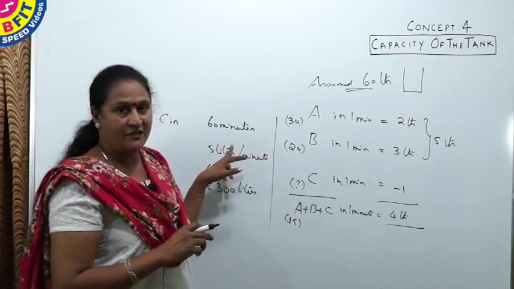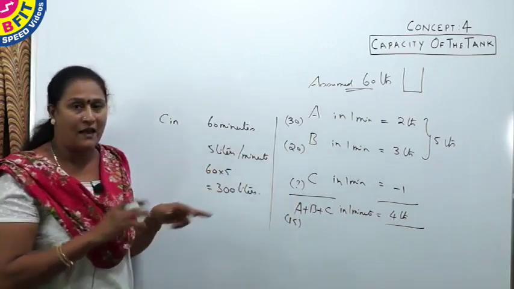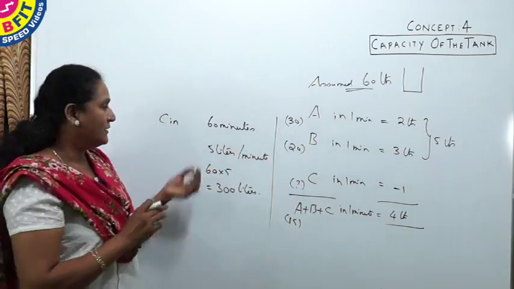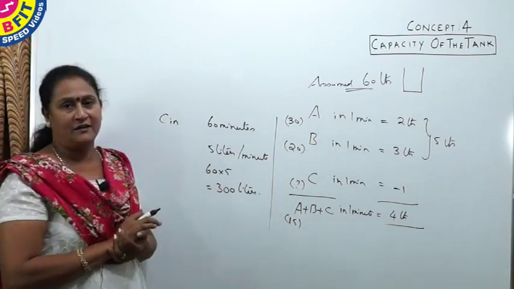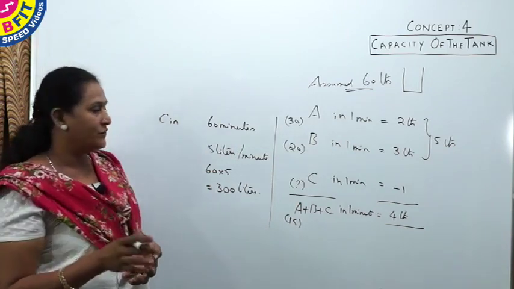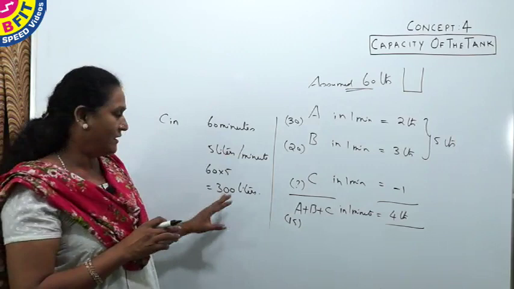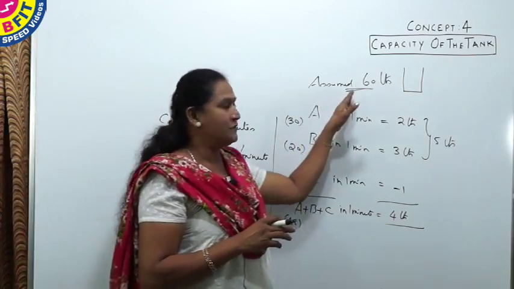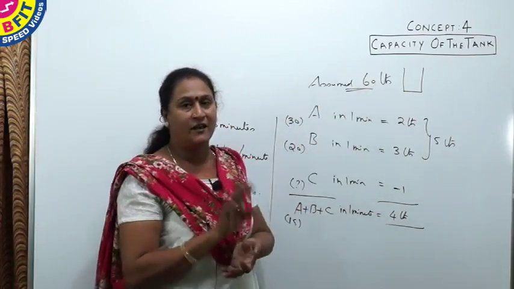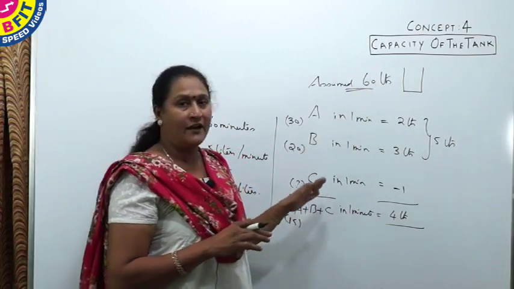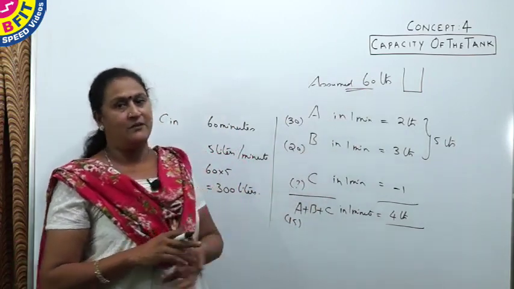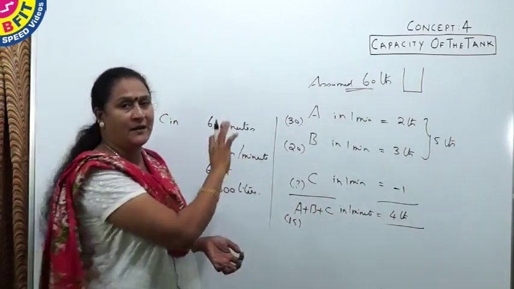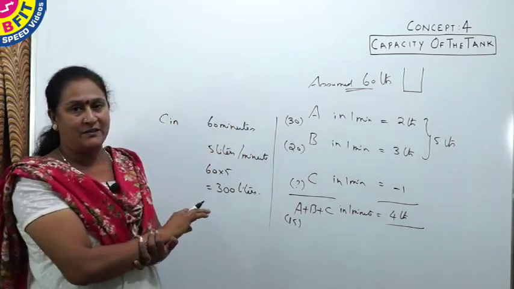So finding the efficiency of C, we have found the actual capacity of the tank, that is 60 into 5, 300 liters. So please don't get confused. The actual capacity is 300 liters, and this assumed capacity is for easy working, used for finding the efficiency of C. Don't confuse between the assumed capacity and the actual capacity.